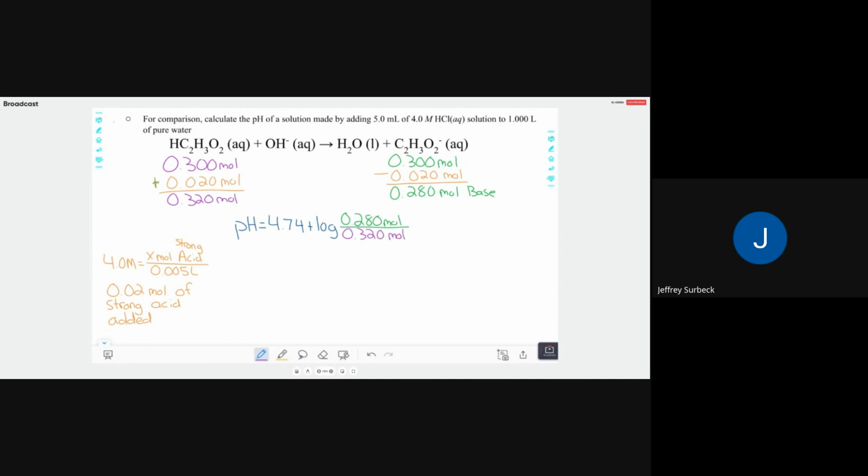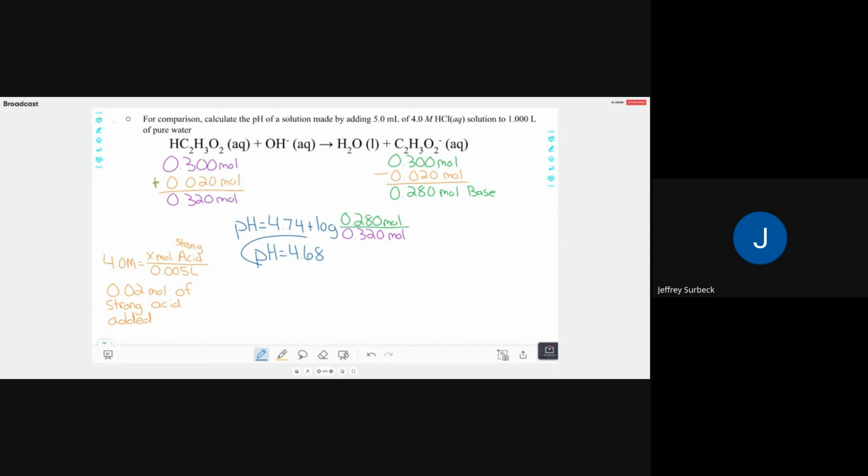So we plug this in our calculators real quick. 4.74 plus the log of our base, 0.28, divided by our acid. And we get a pH. Now our pH is 4.68.